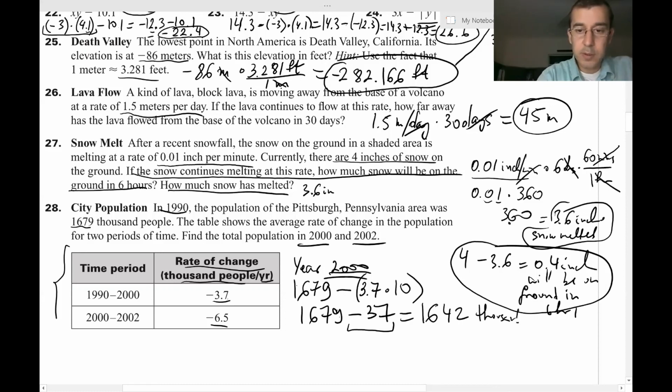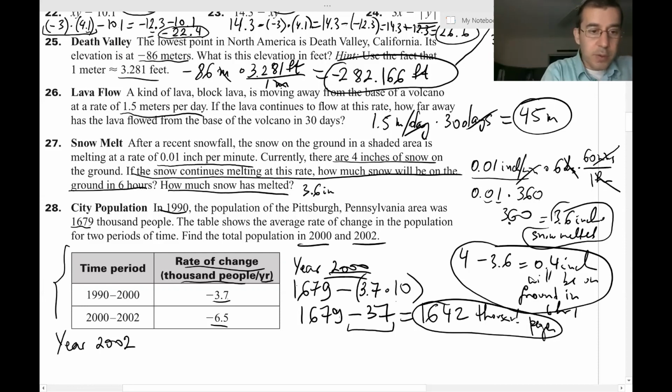So 1,642,000 people. That's the population in year 2000. And then in year 2002, well, from 1642, we have to subtract again, because from 2000 to 2002 the population is again decreasing. How much is it decreasing? It's decreasing 6,500 people per year, and we have 2 years, 2001 and 2002.